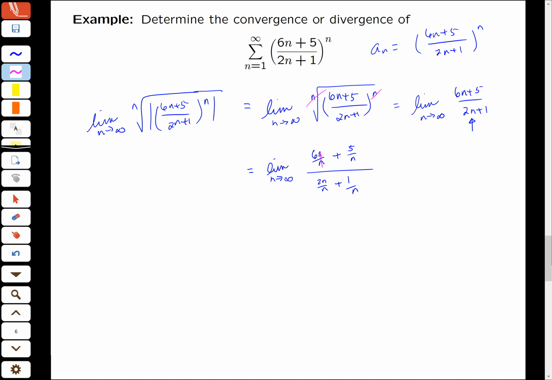The n's are going to cancel in the first two terms. And where does 5 over n go as n goes to infinity? 0. So then what is my limit equal to? 6 over 2, which is 3. How does that compare to 1? Larger than 1. So the series itself does what? Diverges by the root test.